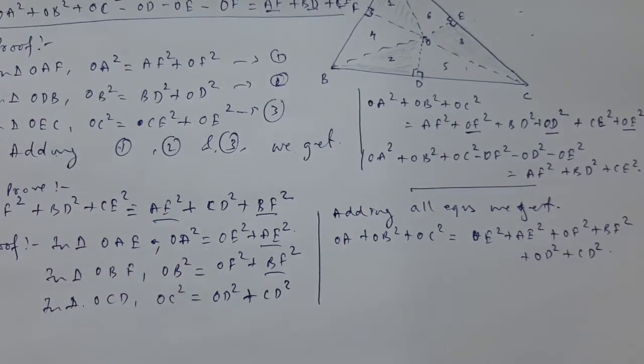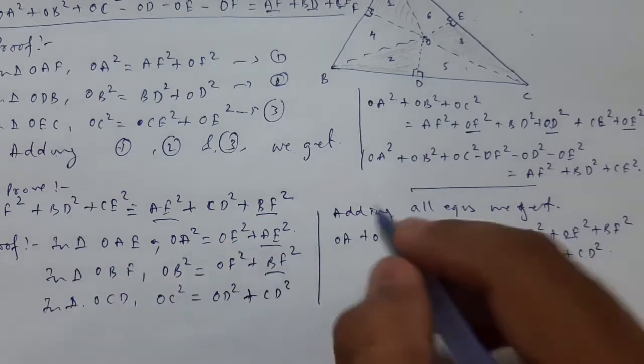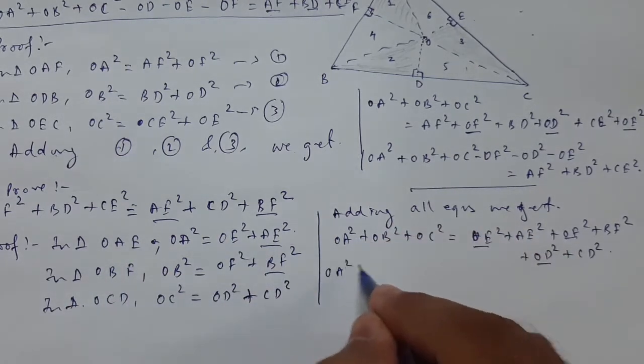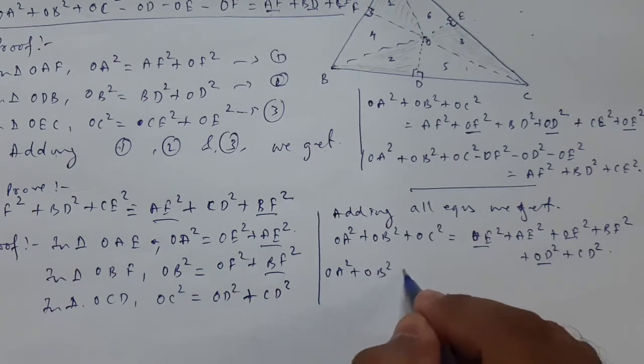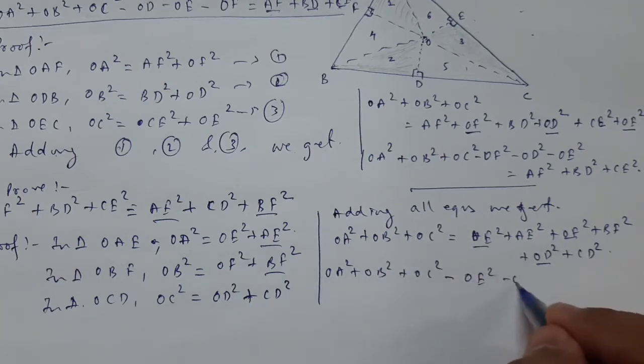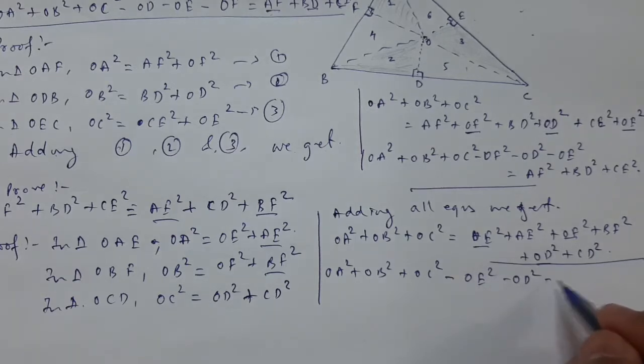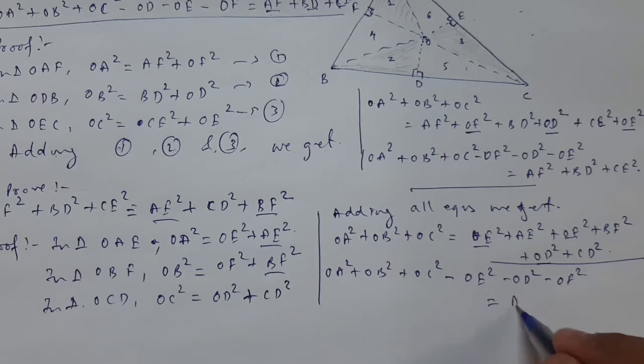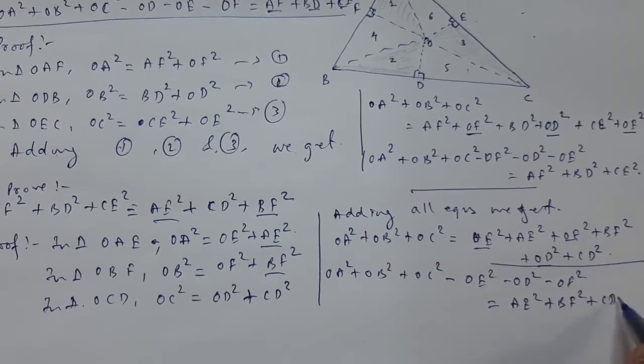Okay. So now OE, OF and OD shifting this side, OA square plus OB square plus OC square minus OE square minus OD square minus OF square is equal to AE square plus BF square plus CD square.